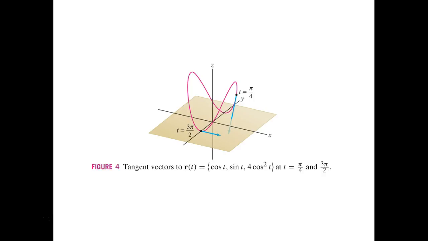So the tangent vectors to the vector R, where here's your displacement vector R of t, cosine t, sine t, 4 cosine t squared.